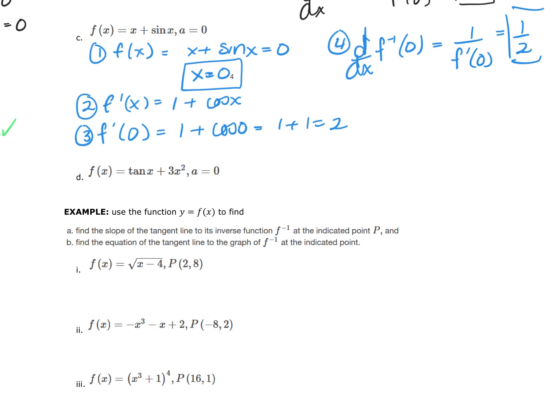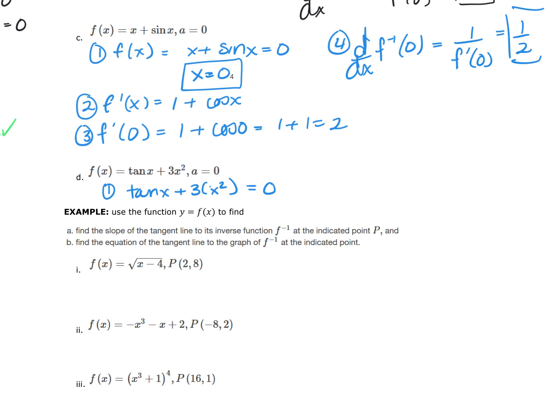Let's take a look at my last example here before we go on to finding the equation of the tangent of the inverse. So the first thing again I'm going to do is find the x that produces 0 for tangent of x plus 3 times x squared. Well, tangent of x is equal to 0 when x is equal to 0.